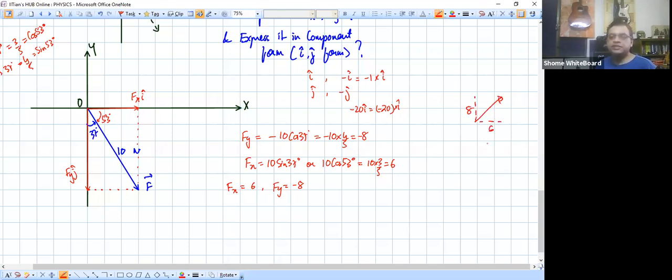This would be a vector which has fx equal to 6 and fy equal to 8. But this one is like this. So it has fy equal to minus 8 newtons and fx equal to plus 6 newtons. And the force therefore in component form will be written as 6 i cap minus 8 j cap in newtons. So this becomes our final answer.